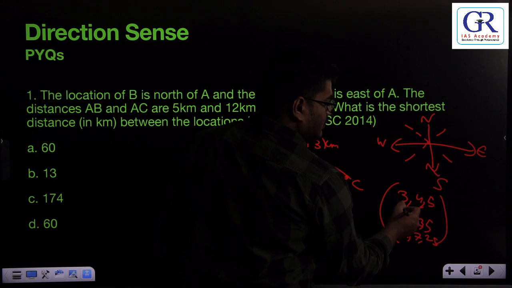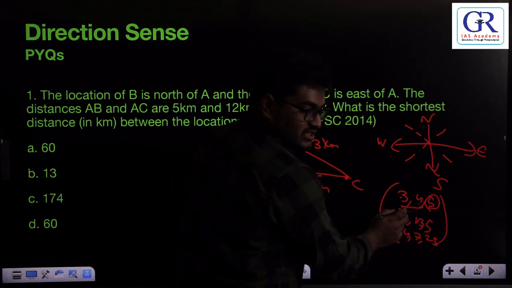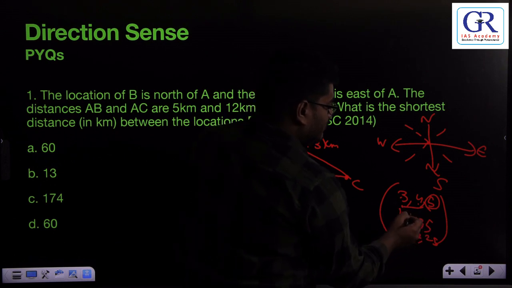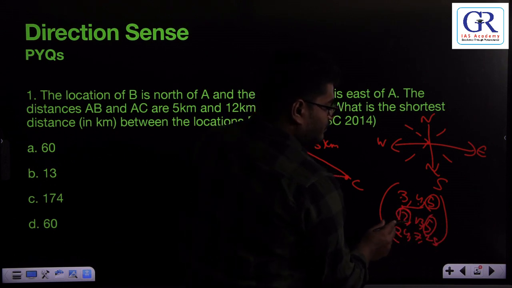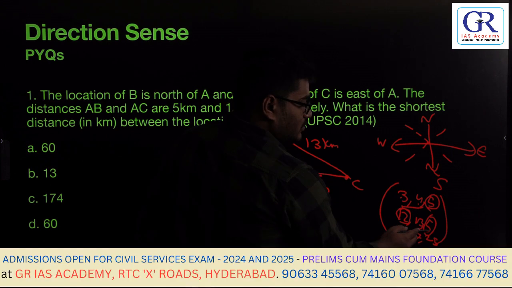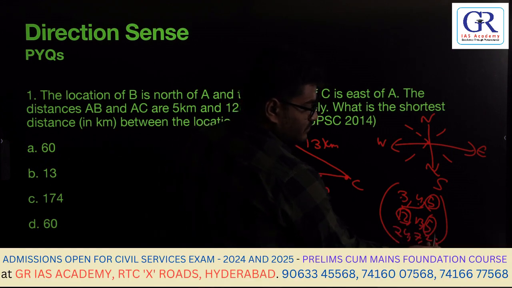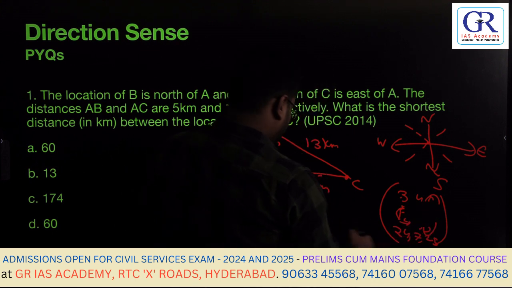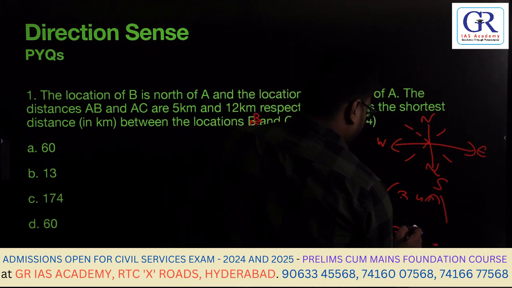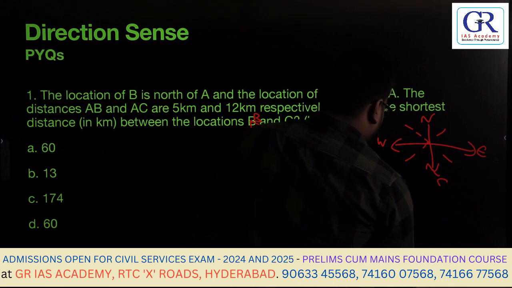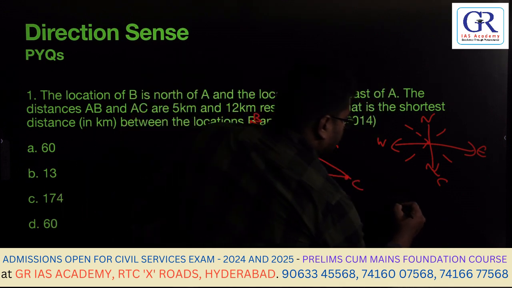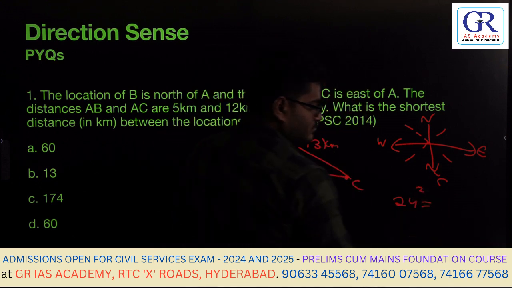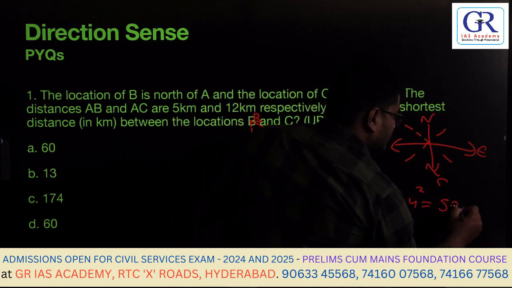For 3 and 4, you will have 9 plus 16, 25. Square root of 25 is 5. For 12 and 5, it is 144 plus 25, which is 169, so you will have 13. You understood, right? And for 24, what is the square? 576.